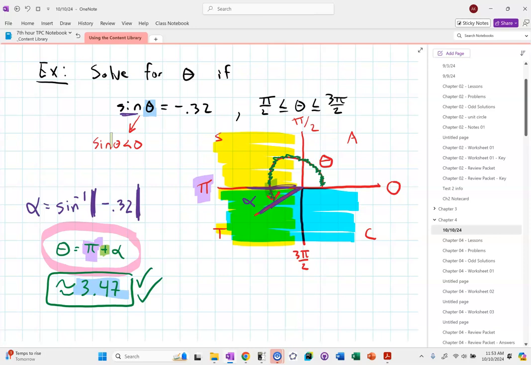The first number that I write is going to be the part of the x-axis that makes up alpha. Whether I'm adding or subtracting depends on which axis I cross right before I get to the terminal side. And then the alpha is always the same.